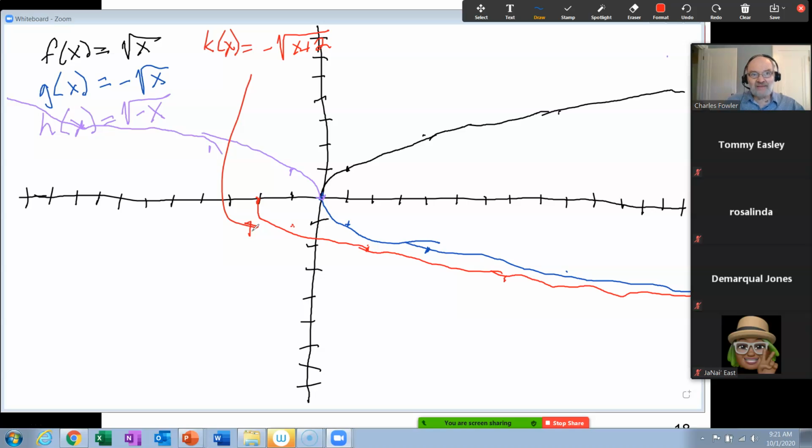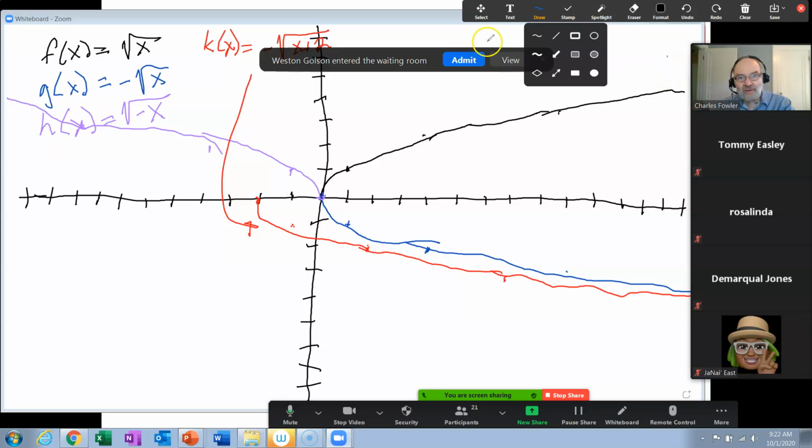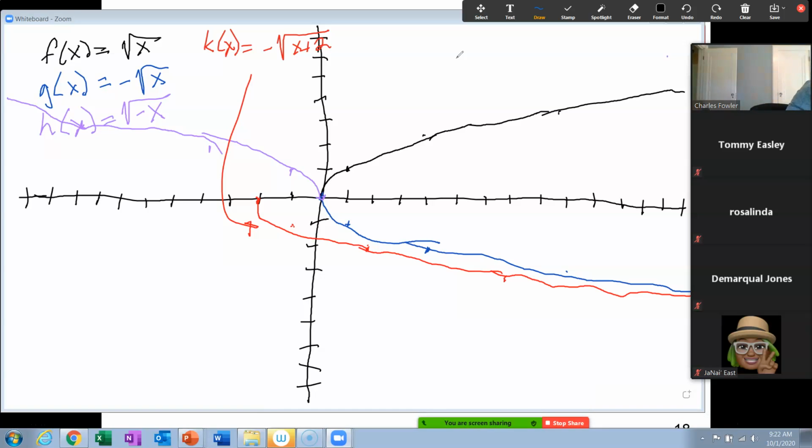Now let's go back. If there are no questions here, first thing I do before I leave, I'm going to go back to my black lines here so I won't forget that. Oh, here comes Weston coming in. So let me get him here. There we go. Turning out to be a pretty good attending class today.